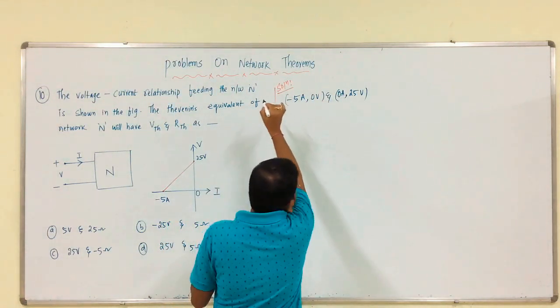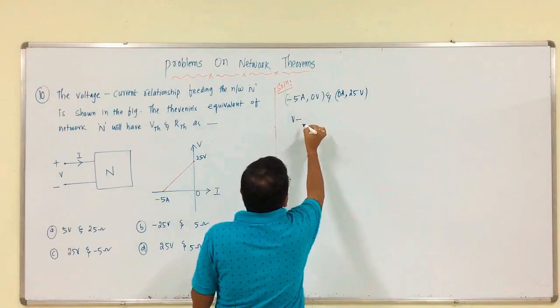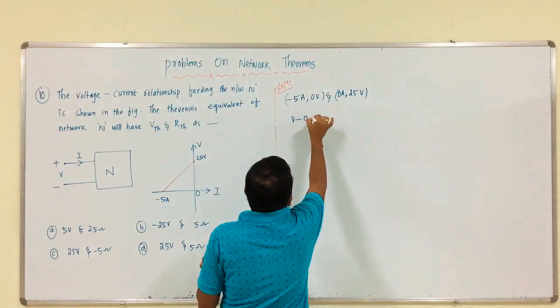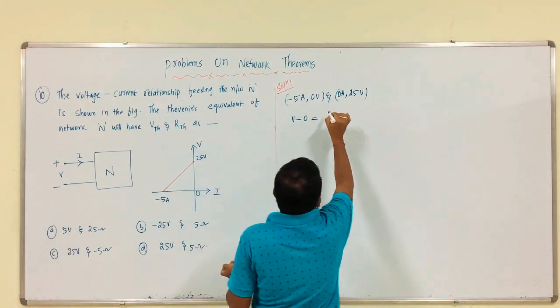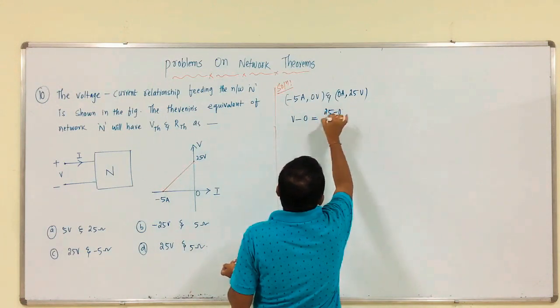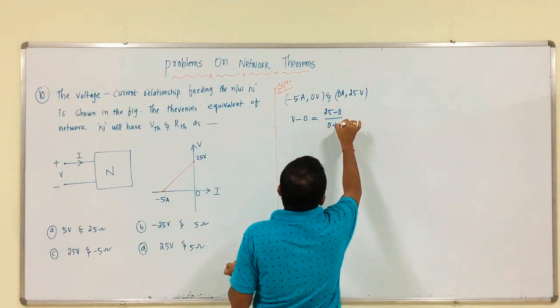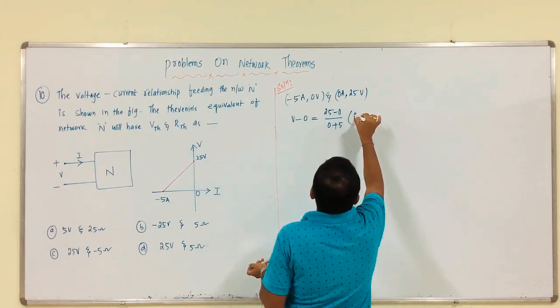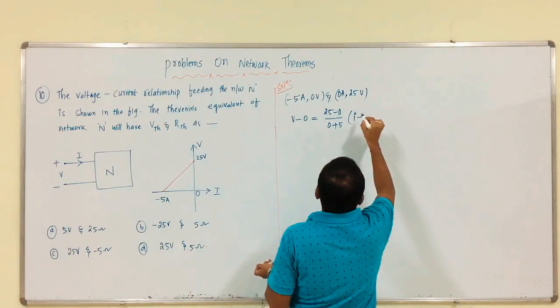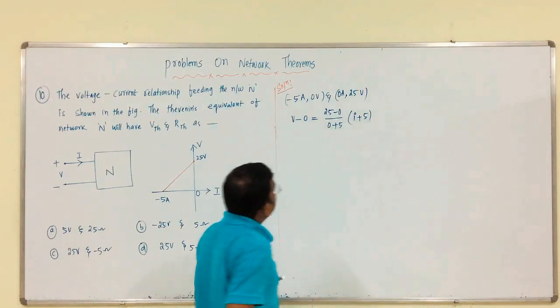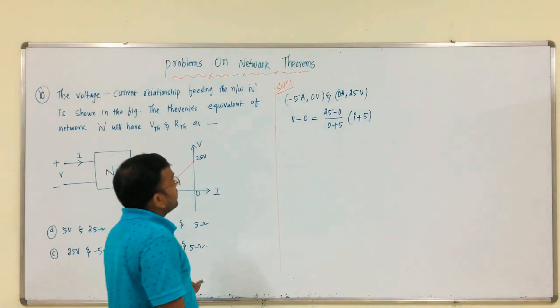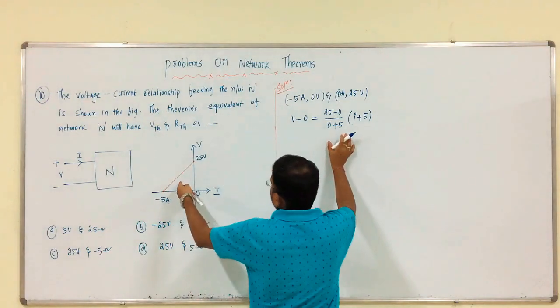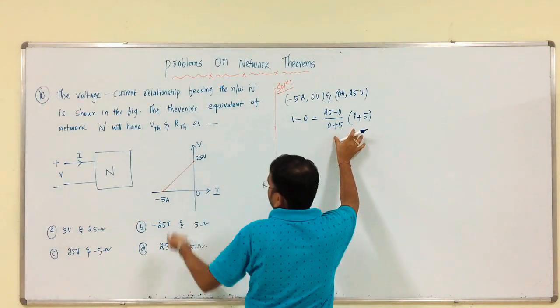Therefore, V minus 0, 25 minus 0 by 0 plus 5 into I plus 5, equation of a straight line. So this is the equation for this straight line, right.